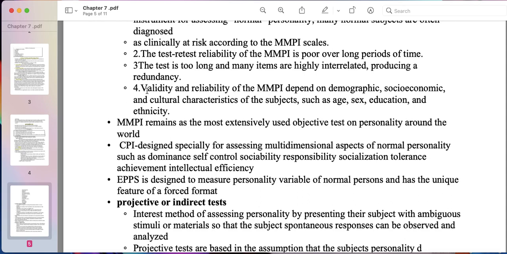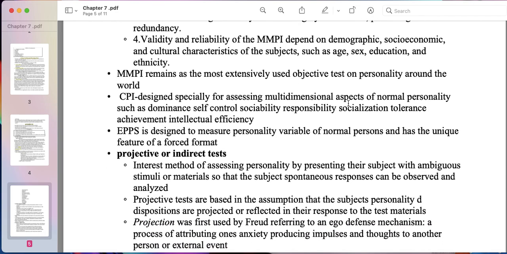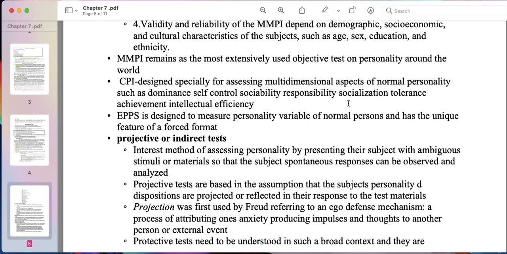Then we have validity and reliability of the MMPI, and it depends on the demographic, socioeconomic, and cultural characteristics of the subject, such as age, sex, education, and ethnicity. The MMPI remains the most extensively used objective test on personality around the world.